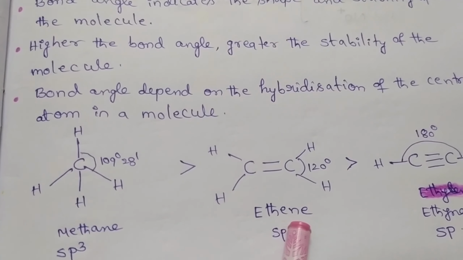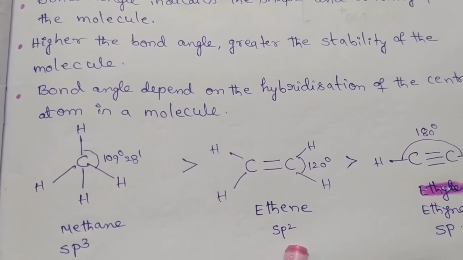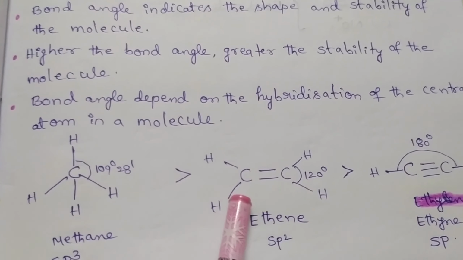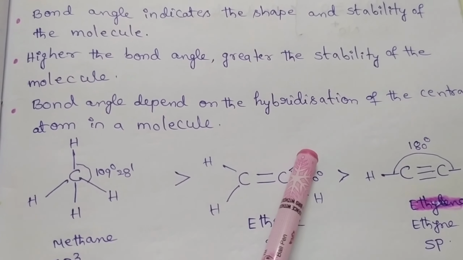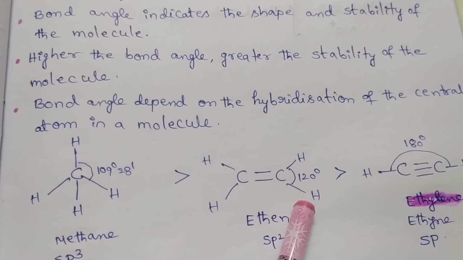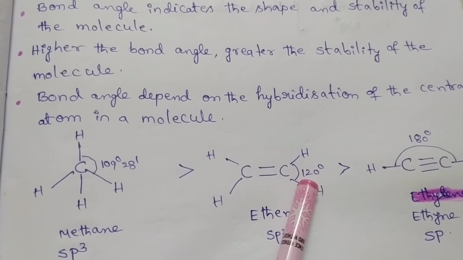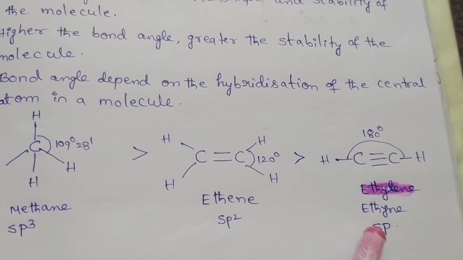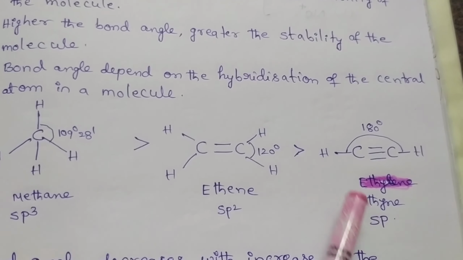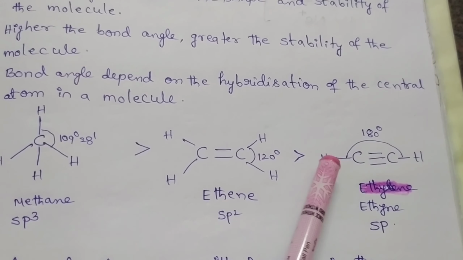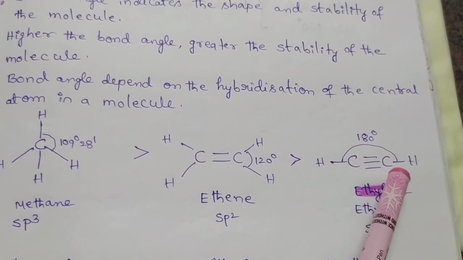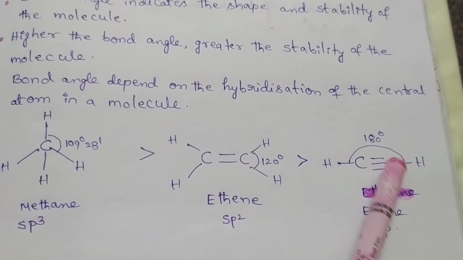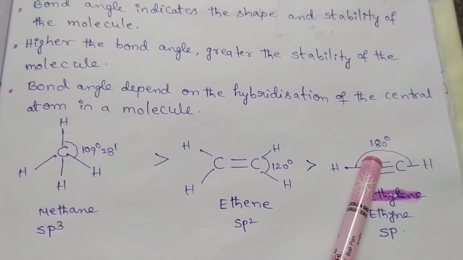In case of ethene, which shows sp2 hybridization, the bond angle between hydrogen, carbon and hydrogen is equal to 120 degrees. In ethane, which shows sp hybridization, the bond angle between hydrogen, carbon and hydrogen is equal to 180 degrees.